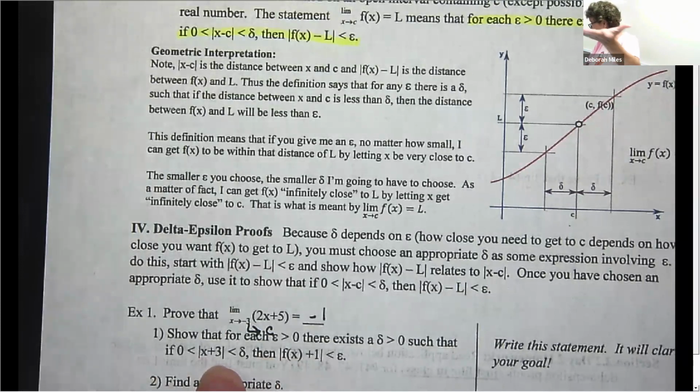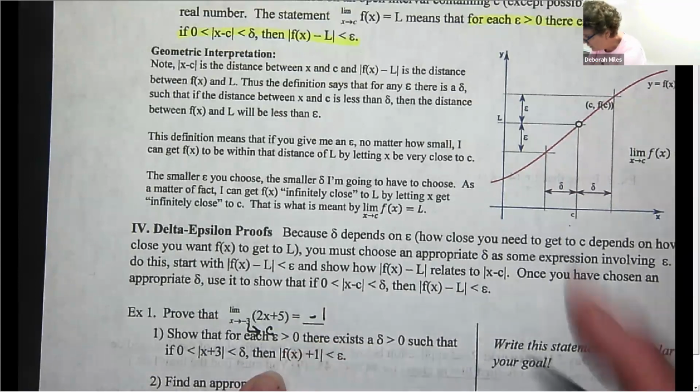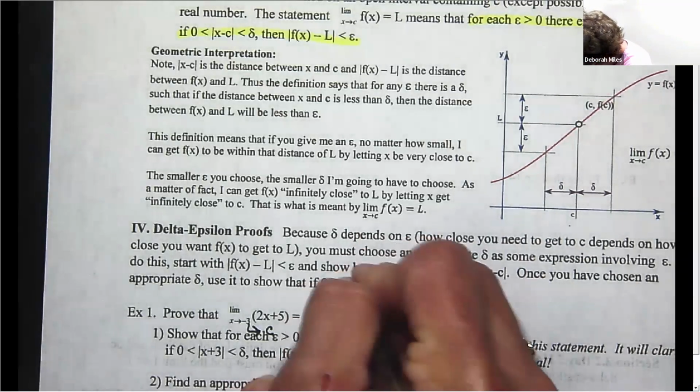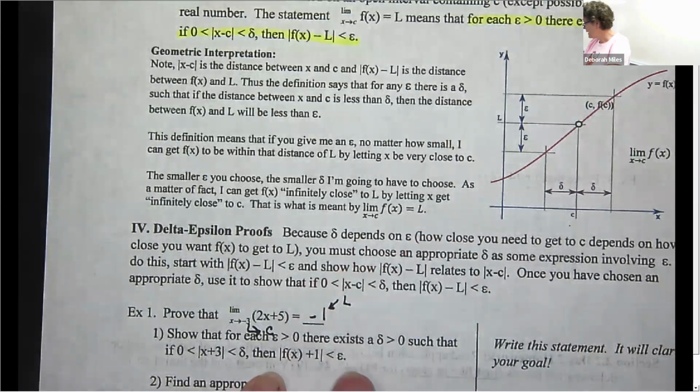I guess I could have put that in as a middle step, but that's why there's a plus here. It's x minus -3. If the absolute value of x plus 3 is between 0 and delta, then the absolute value of f of x minus L, that L is the limit you found, is less than epsilon.